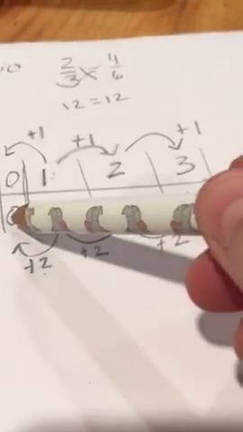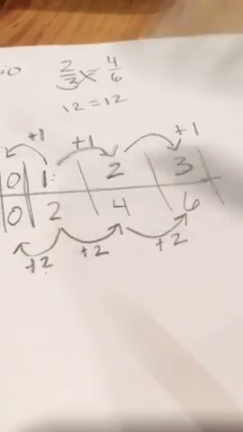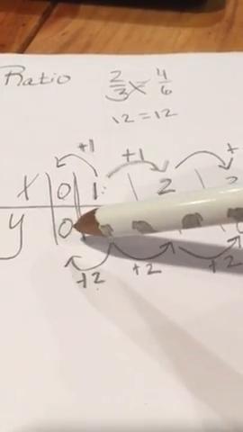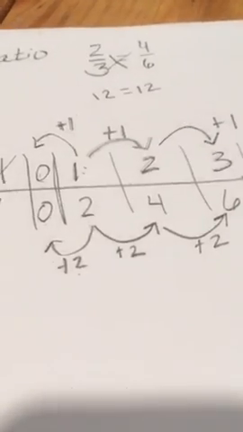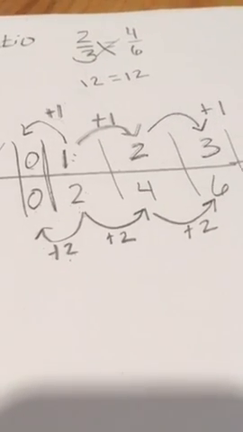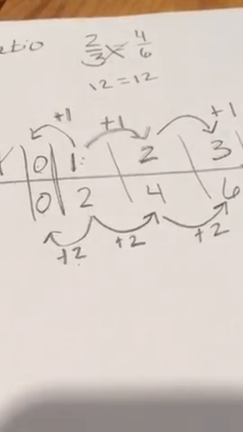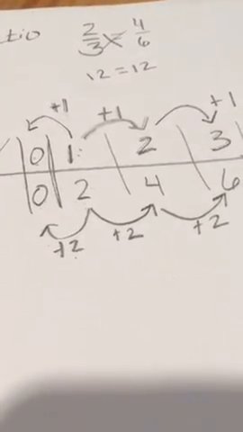Wow. Okay, that would be 0. 0 plus 2 is 2. Now, it's pretty important that you're able to get the two numbers back to 0, 0. If they don't go back to 0, 0, it is not proportional.